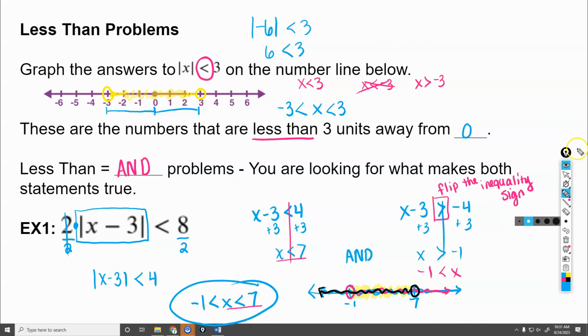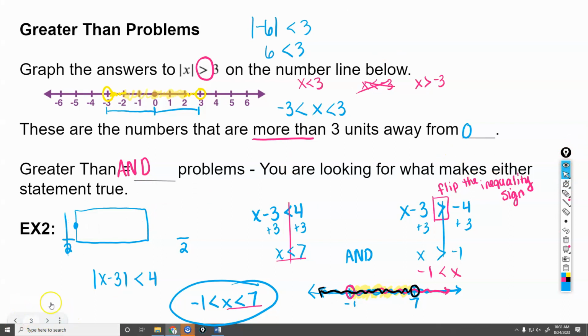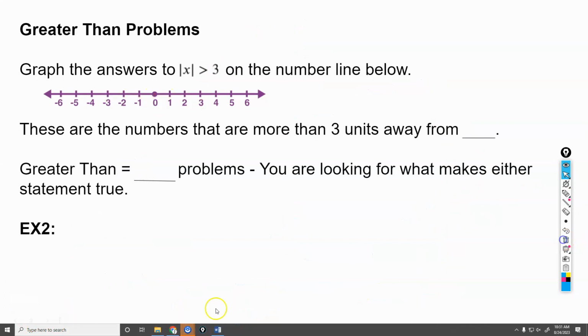All right. Let's look at what it's going to look like if we have a greater than sign, because things are a little different if you have a greater than sign. Okay, I've got you another number line there. I need you to highlight or color in on that number line all the numbers where the absolute value of x is greater than 3.